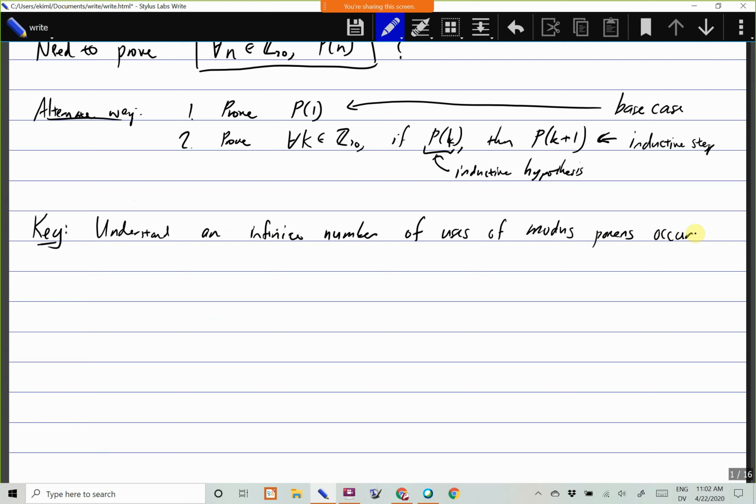That's what's actually going on. So you prove p of 1, and then having proved the for all statement, you end up with p of 1 implies p of 2, and p of 2 implies p of 3, and p of 3 implies p of 4, and p of 4 implies p of 5, and so on.